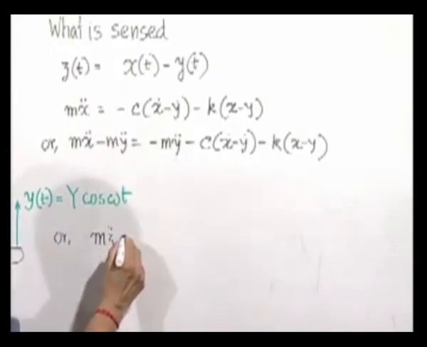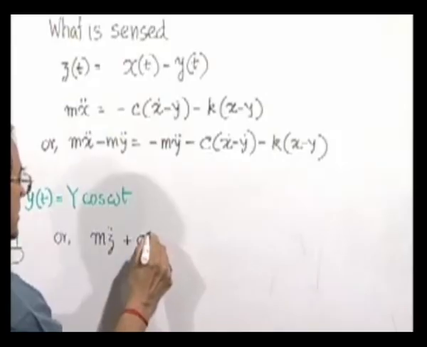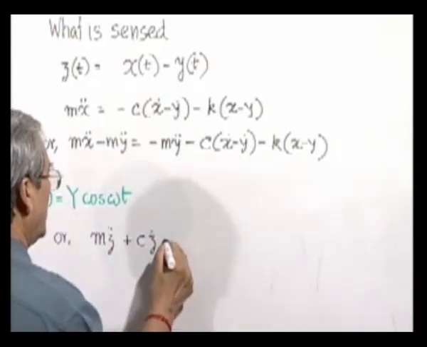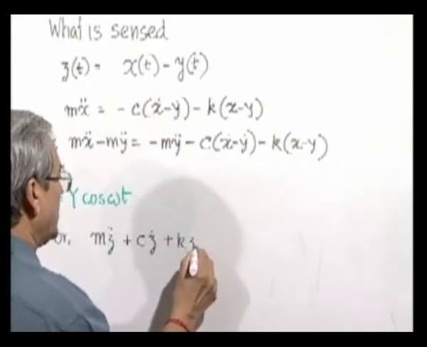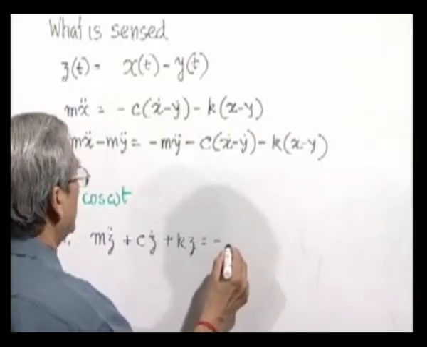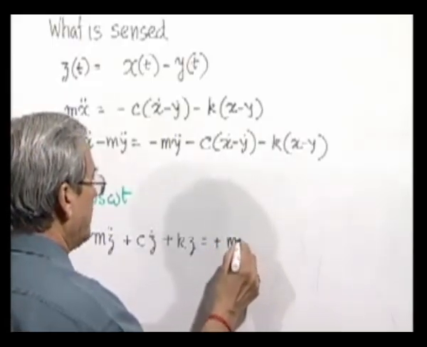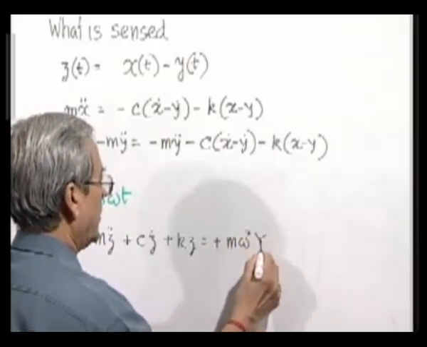We take c into z dot, plus k into z, is equal to minus plus m omega square.